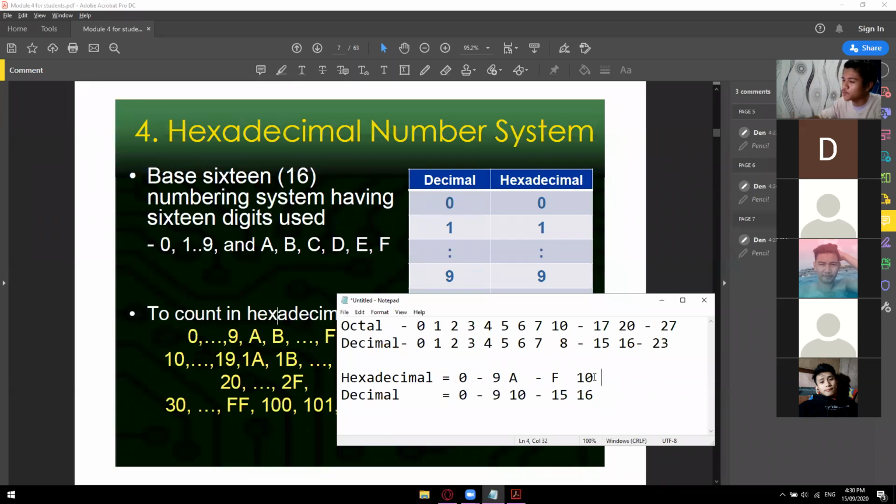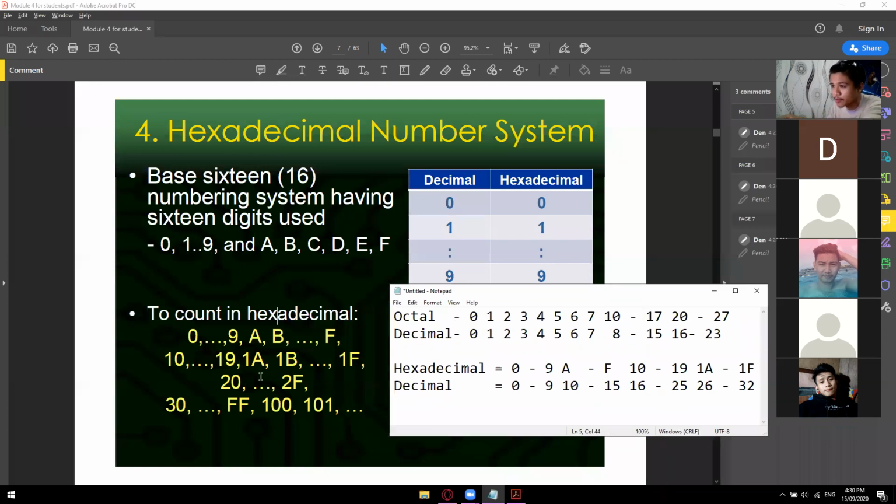So 10 to 19, 16 to 25. Pagpatak na ng 26, ito na yung 1A natin. 1F. 26 plus 5, 6 is 30.